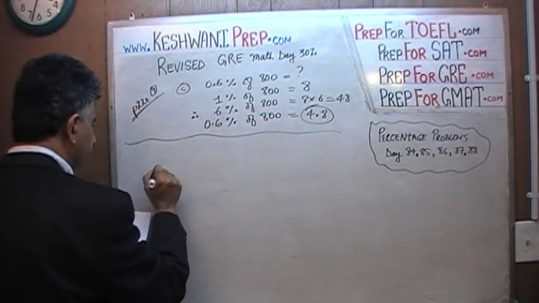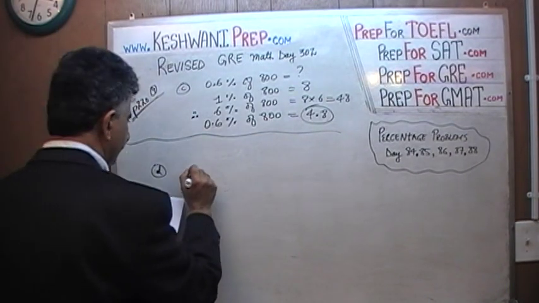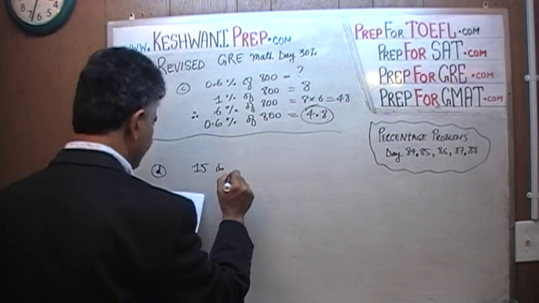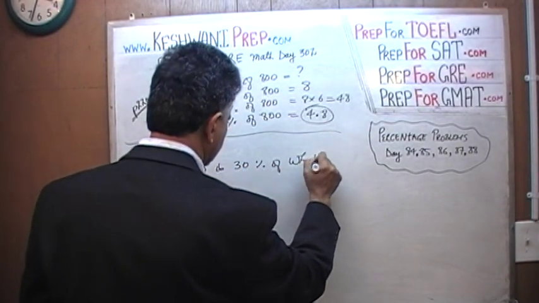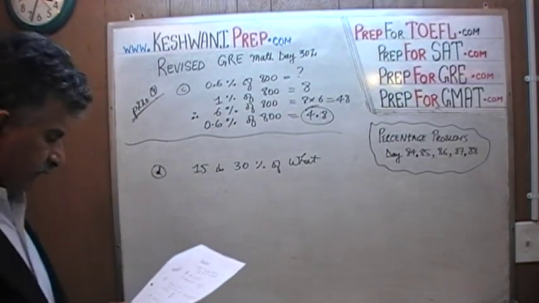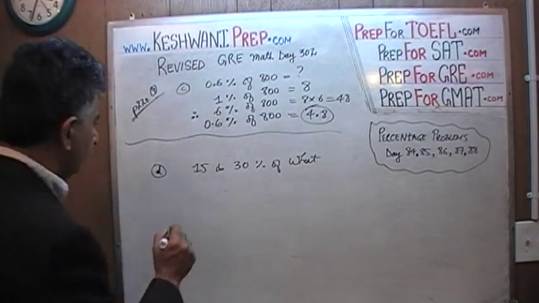Part D says, 15 is 30% of what? 15 is 30% of what?